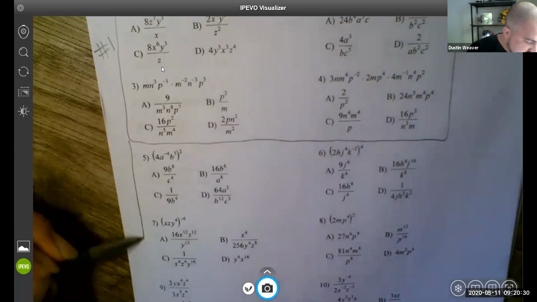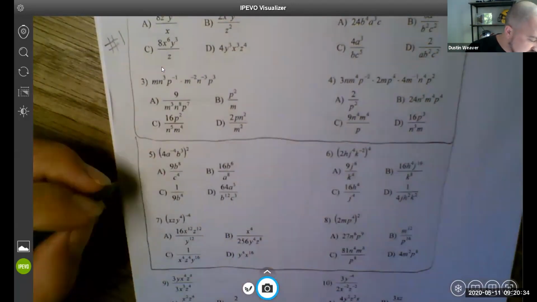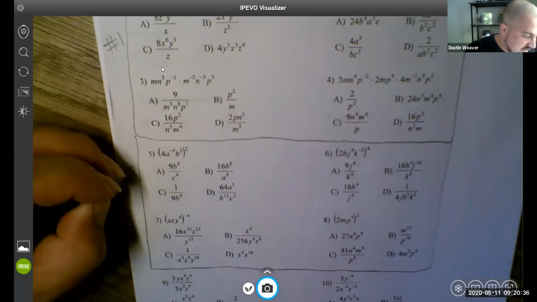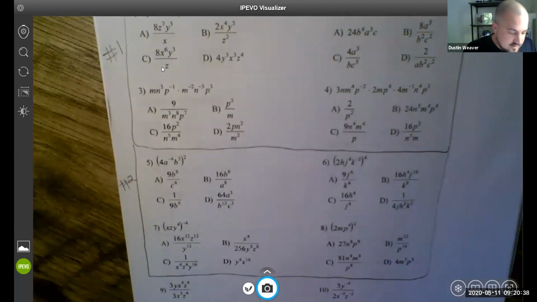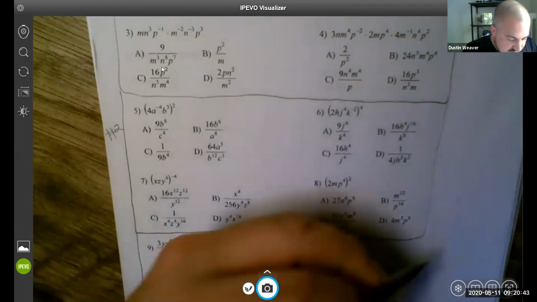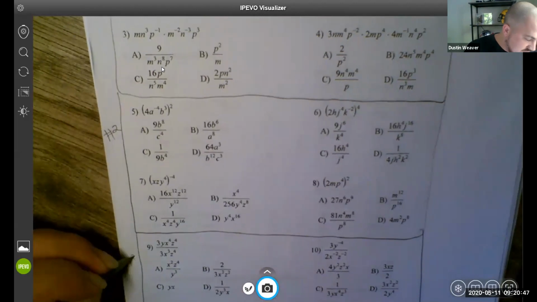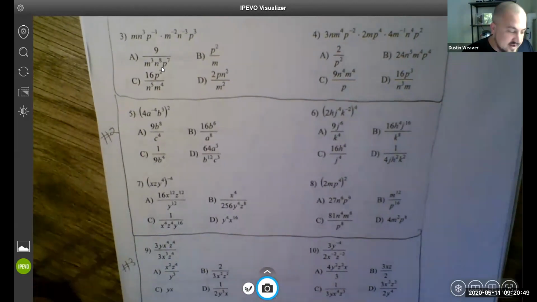Questions 5 through 8 look like number 2 on your review sheet. That's where you're multiplying your exponents. All right. Questions 9 through 12 look like number 3 on the review sheet. That's where you're subtracting your exponents.